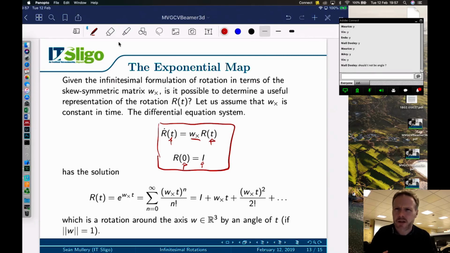Yeah, t is an angle. Oh, you're wondering, is it in degrees or radians, or what's your question? Oh, it's not time. Did I say time?